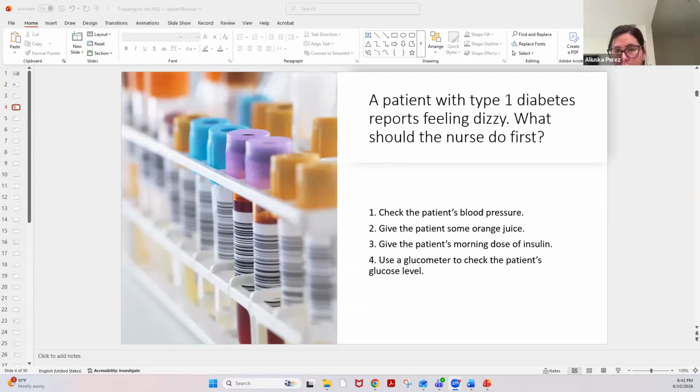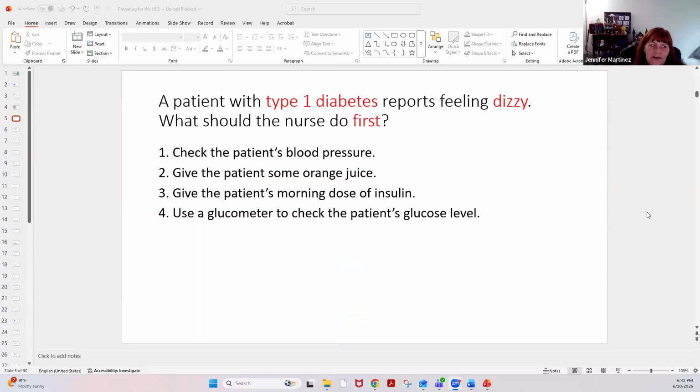Four. All right, a couple more people need to answer. I'll say four. Yes. All right, for first. Very good. So question here, type 1 diabetes, feeling dizzy.